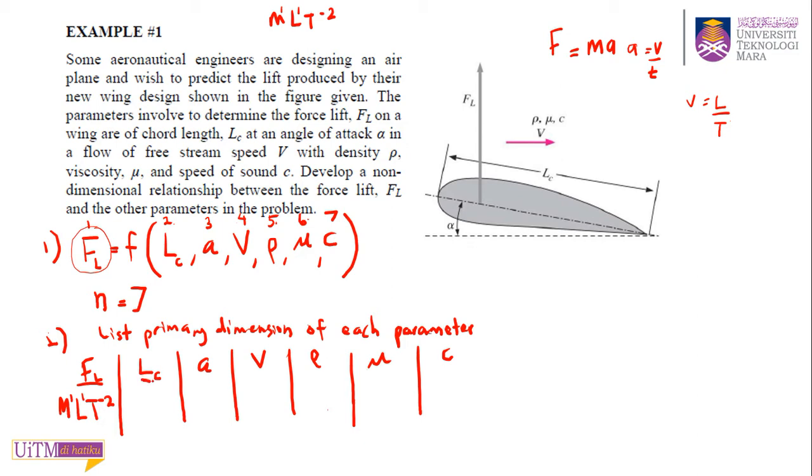Okay, how about for L? What's the primary dimension for L? The length. L. Okay, so don't forget to write L1 lah. How about the angle of attack, alpha here? What is the primary dimension?